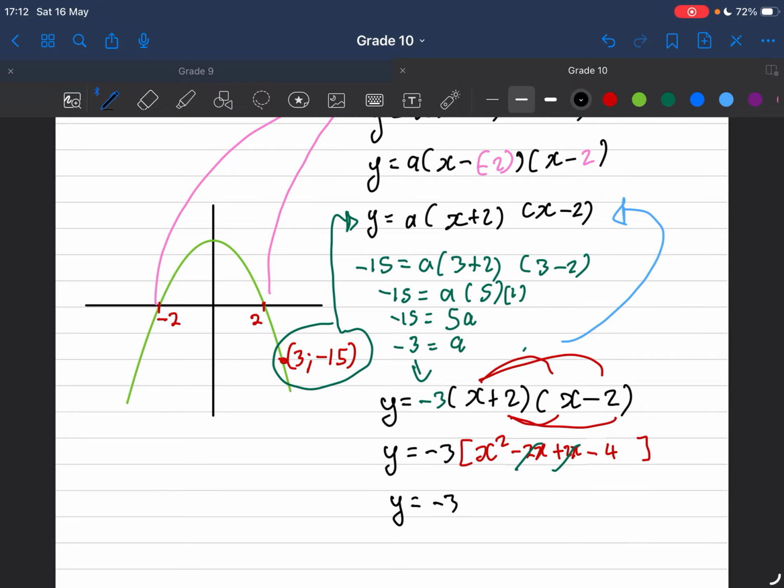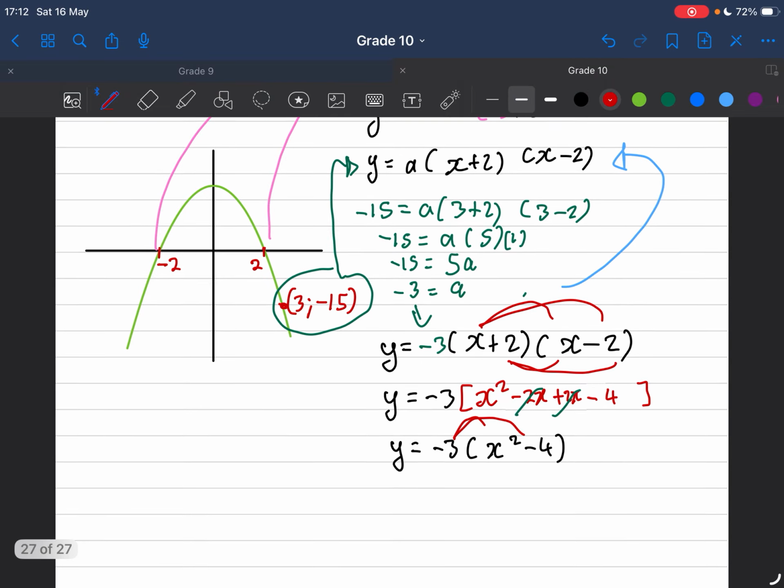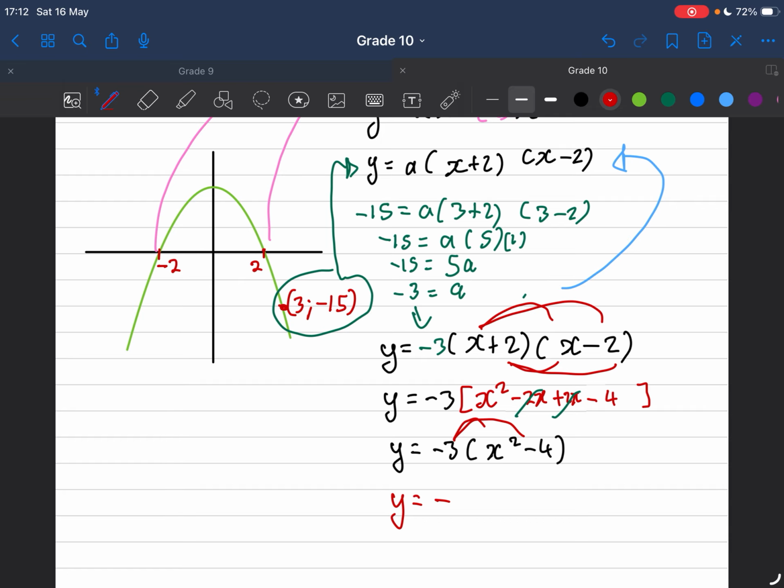Y is equal to negative 3 into x squared minus 4. And lastly, we're going to distribute this into the brackets, and our final equation is y is equal to negative 3x squared plus 12. And then we've got our ax squared plus q situation.